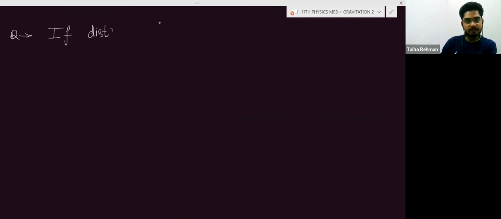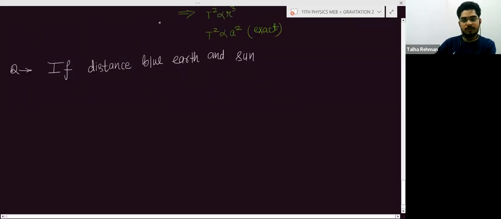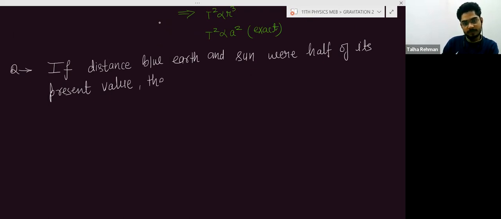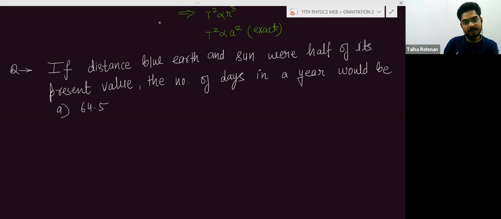If the distance between earth and sun were half of its present value, the number of days in a year would be: Option A is 64.5 days.